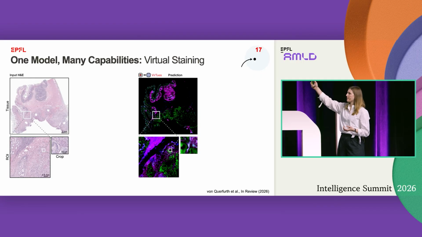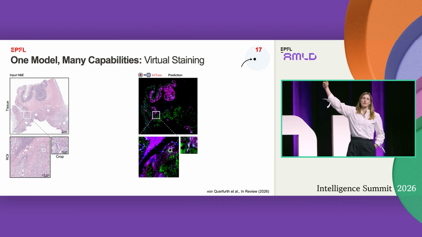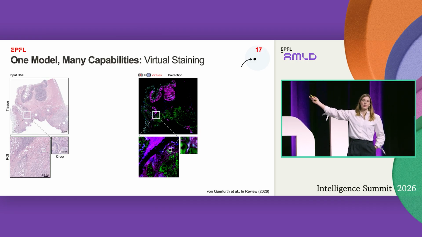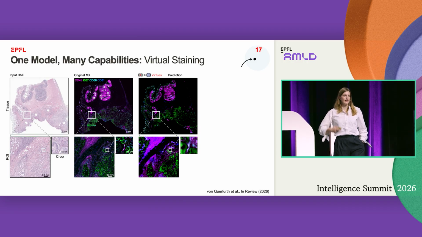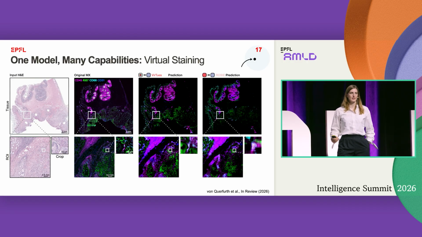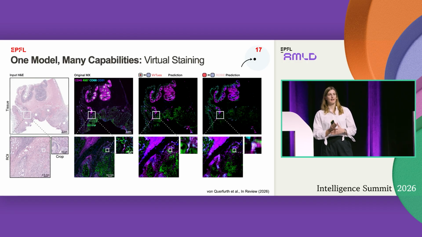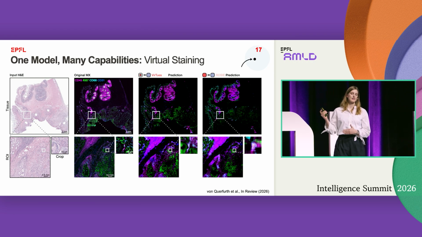And you can see our prediction, how those molecules are distributed across the tissue, are pretty close to what we actually measure. And they're better than models that have solely been designed for just solving this one task.